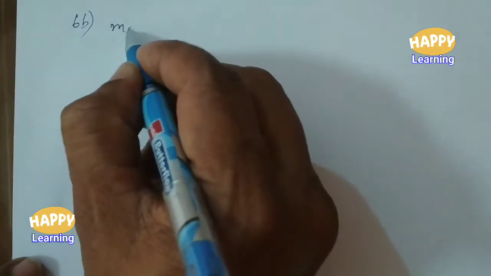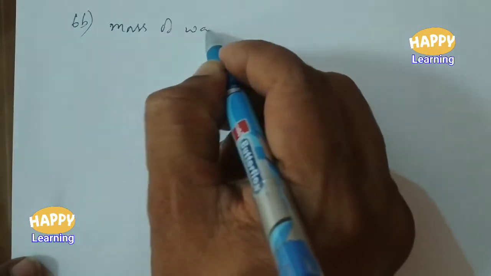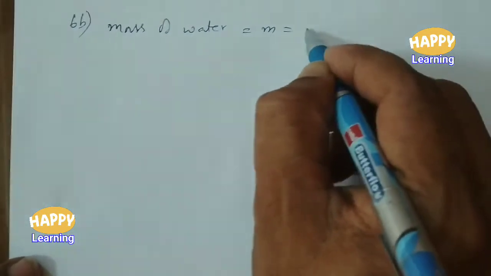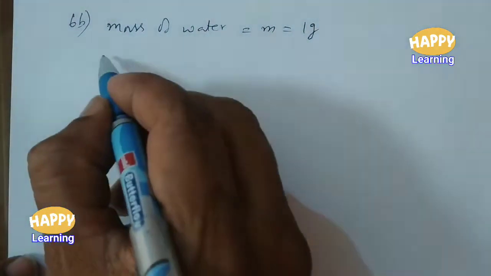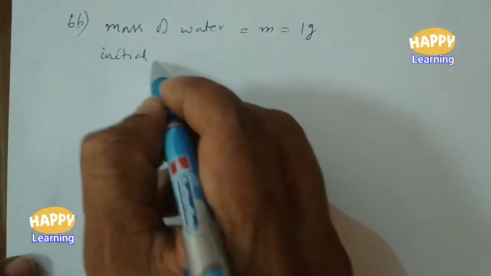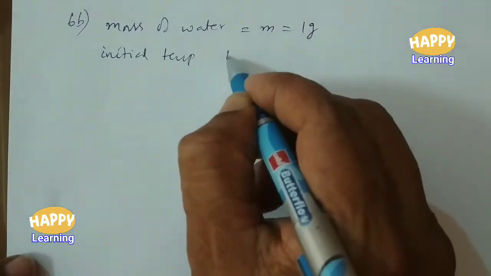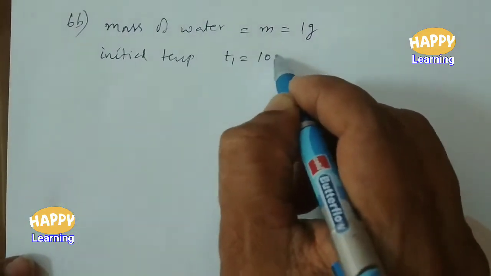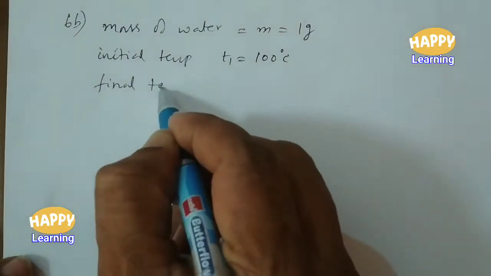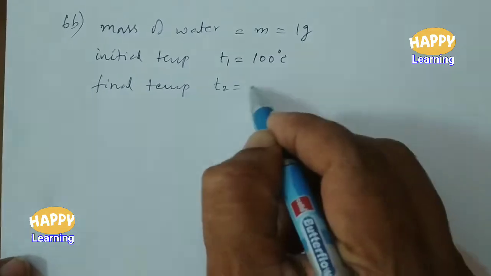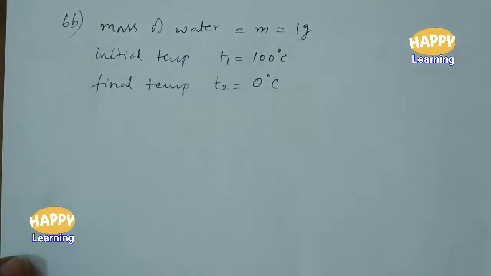Sixth B. Mass of water equal to m equal to 1 gram. Initial temperature T1 equal to 100 degrees Celsius. Final temperature T2 equal to 0 degrees Celsius.